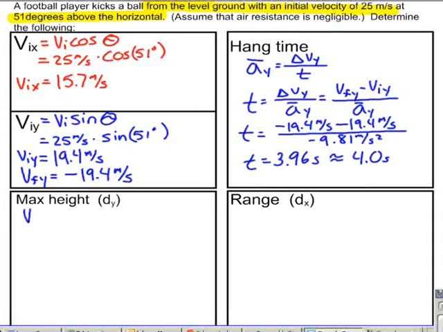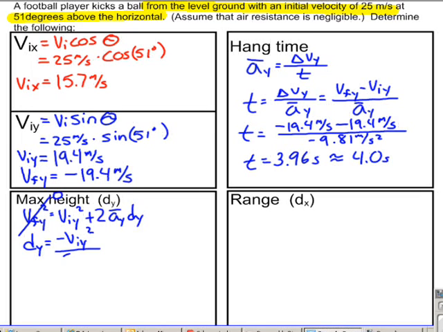Now, if we think about when the maximum height happens, it happens when the final velocity in the y direction is 0 meters per second. So I'm going to use v_fy squared equals v_iy squared plus 2 a_y d_y and cross out that v_fy as 0, because again it happens when it's at the apex and the y velocity is 0.